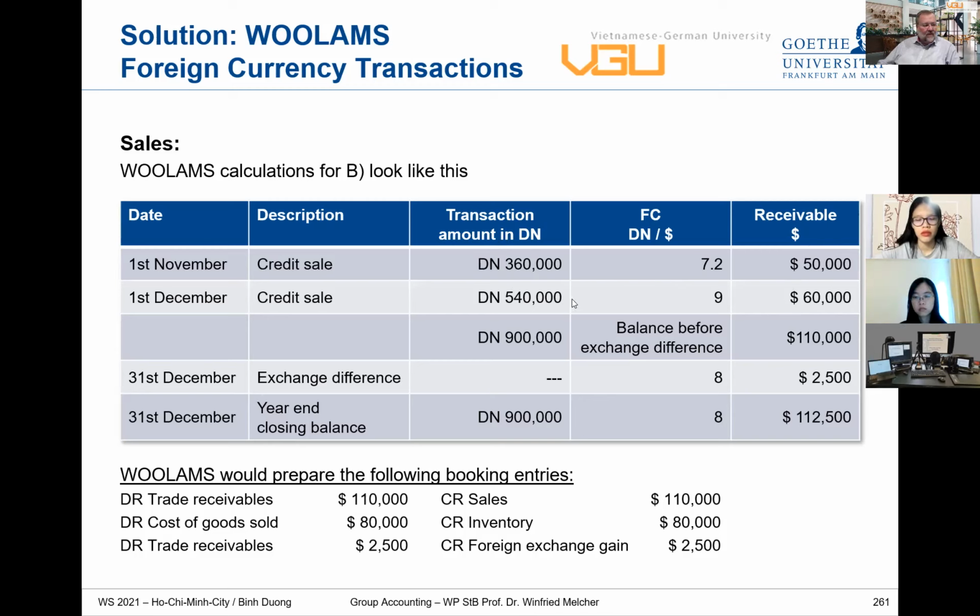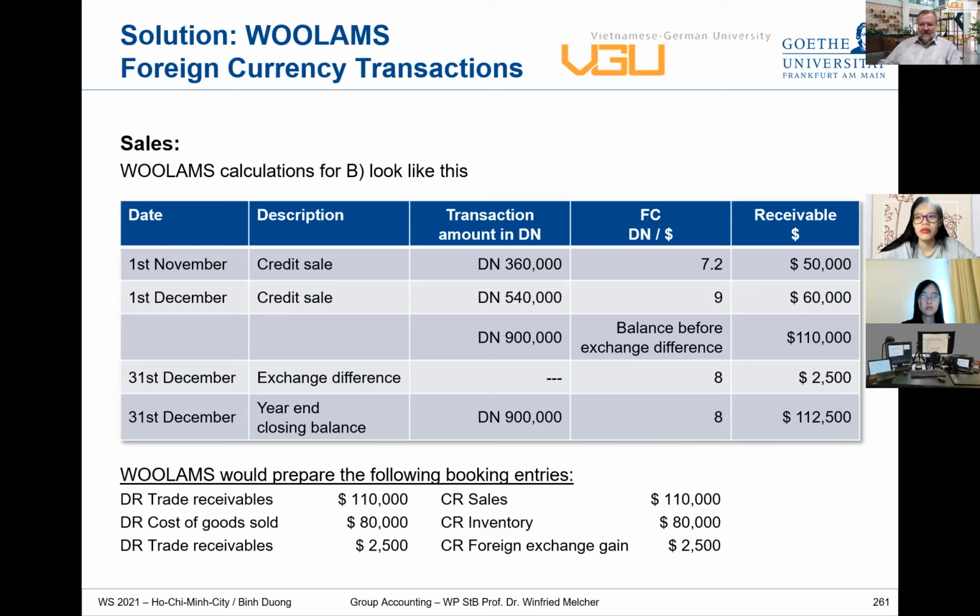And at year end, well, the customer has not paid. So we have a balance in the bookkeeping of 110, but they reflect, of course, 900,000 dinar, which the customer has to pay. So the year-end closing balance, when you look at the dinar translated at 8, should read 112,500. Well, this is 2,500 more than what you have in your bookkeeping.